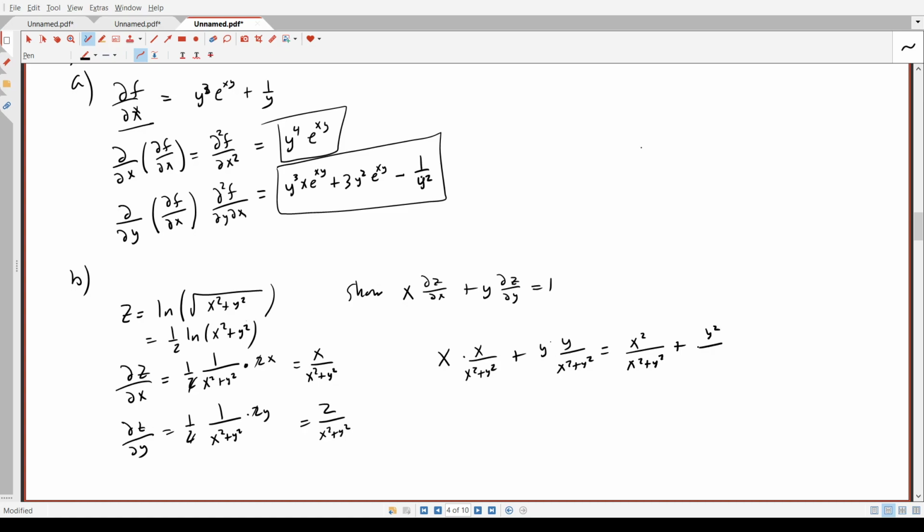And I add the terms, and I get x squared plus y squared over x squared plus y squared, which is 1. And we've shown it, so that's what the question told us to do. So we're done.